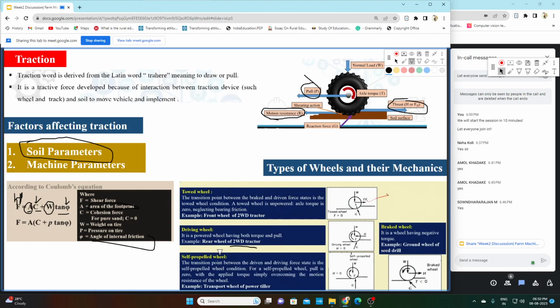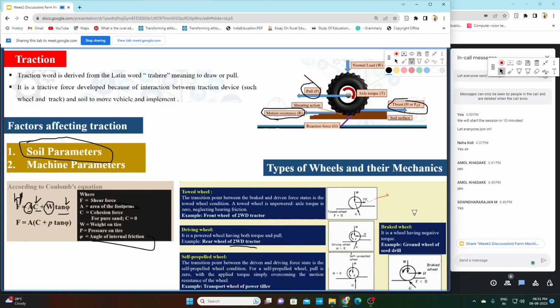Self-propelled wheels have torque, but they do not pull any implement, like any wheel of your bus, car, or any vehicle that is not pulling an implement. And fourth is the brake wheel. Brake wheel means it has torque, but the torque is in the opposite direction to the motion of the vehicle.